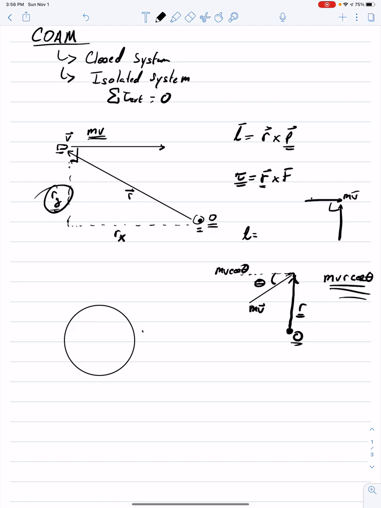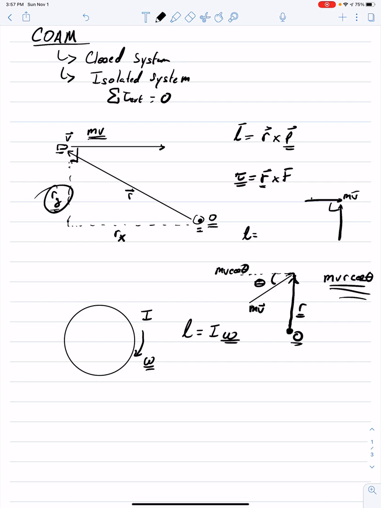An object that is rotating has moment of inertia, and since it's rotating, it has an angular velocity. If you want to find the momentum, you multiply the moment of inertia of that object times the angular velocity.